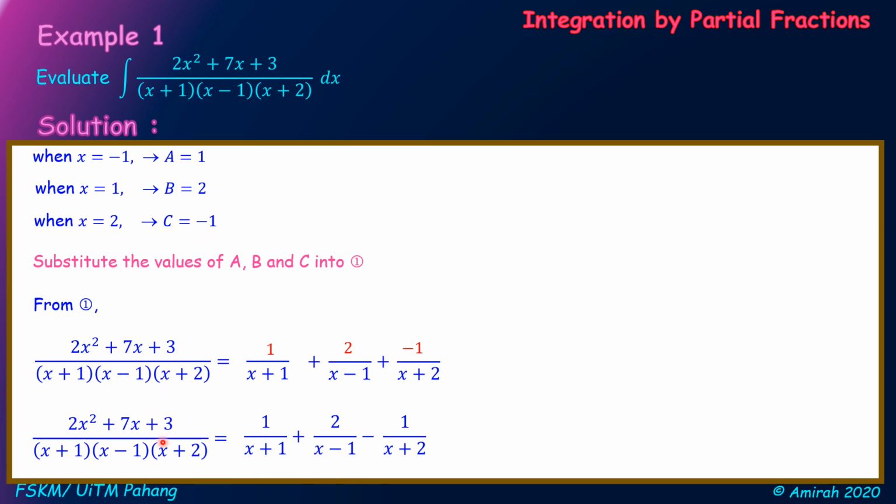Then after that, we simplify, so we get 1 over x plus 1 plus 2 over x minus 1, and then plus and minus here, so we can write minus 1 over x plus 2. Okay, so now we have expressed this rational function as the sum of partial fractions.